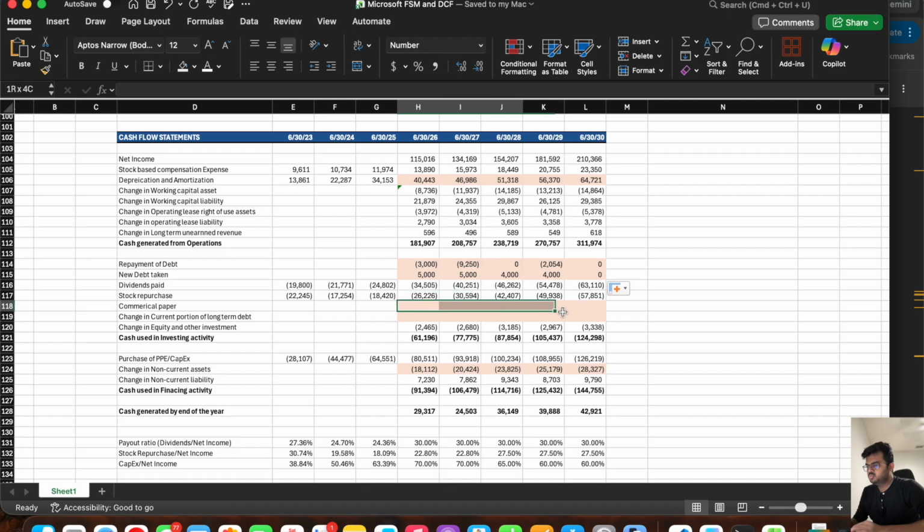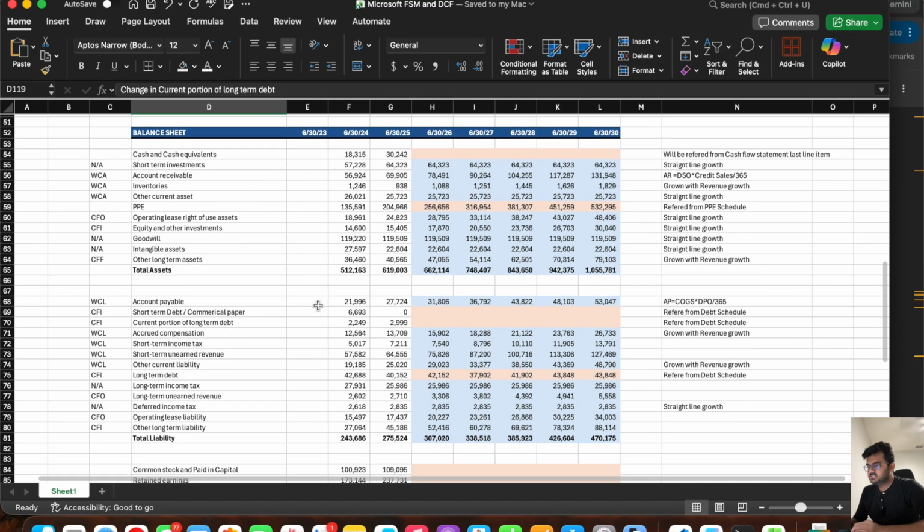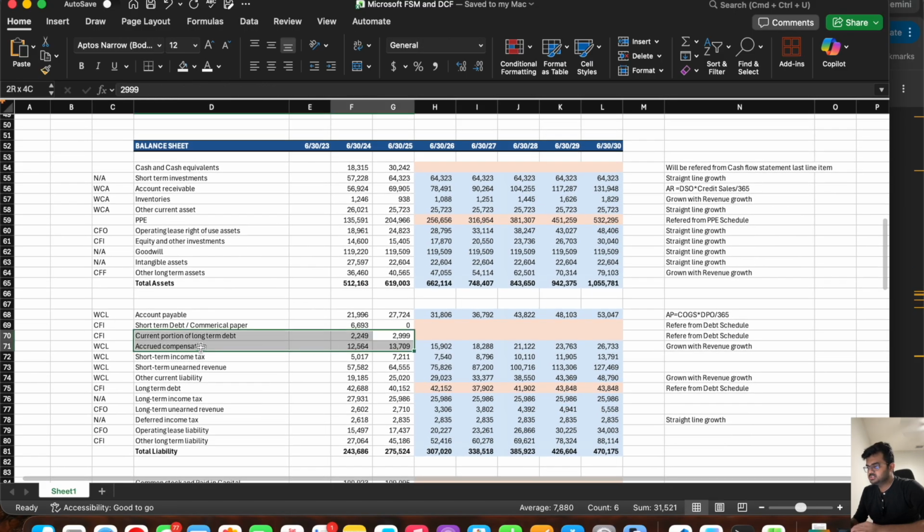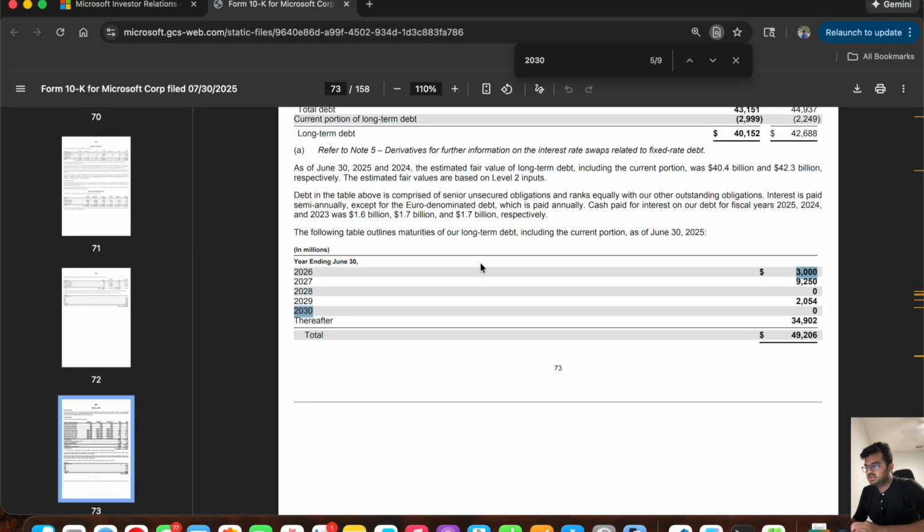Now we have two more items open here, which are commercial paper and change in current portion of long term debt, which is nothing but the difference between these two. If you keenly note, while we did the long term debt, there is one statement Microsoft specifically mentioned: the following table outlines maturity for long term debt, including the current portion as of June 2025.